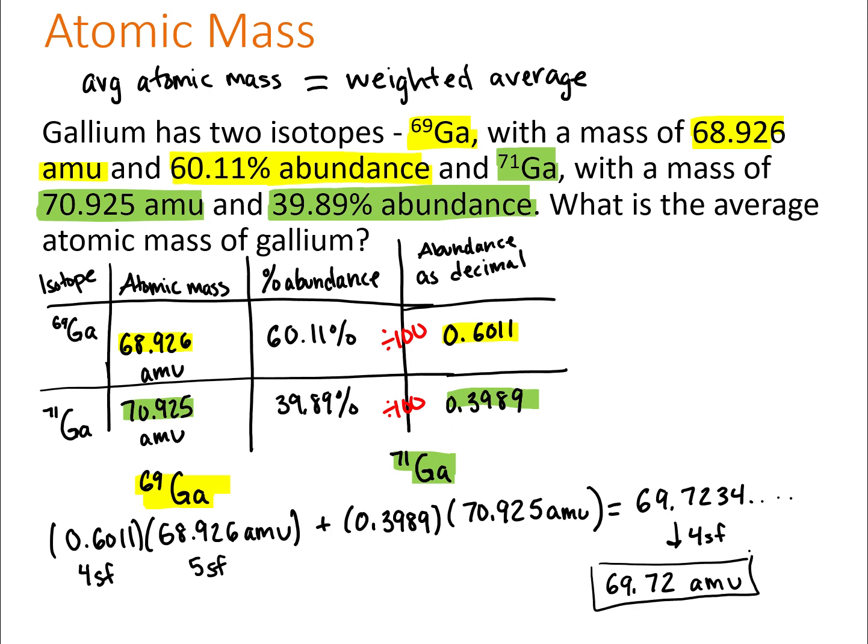So when you're doing your mastering homework, they may just tell you round to the hundredths place or round to the thousandths place or that kind of thing, or tell you how many significant figures. Just make sure you pay attention to that.